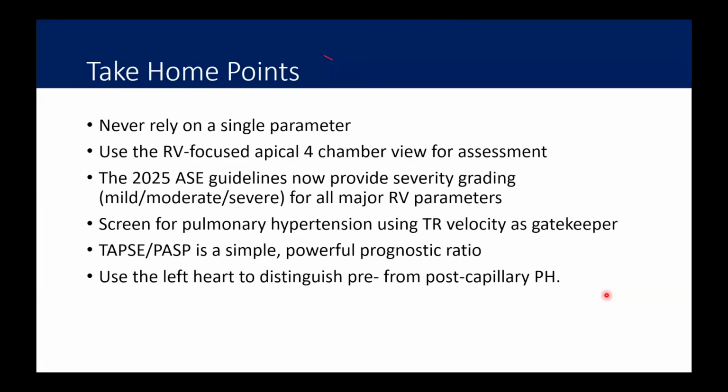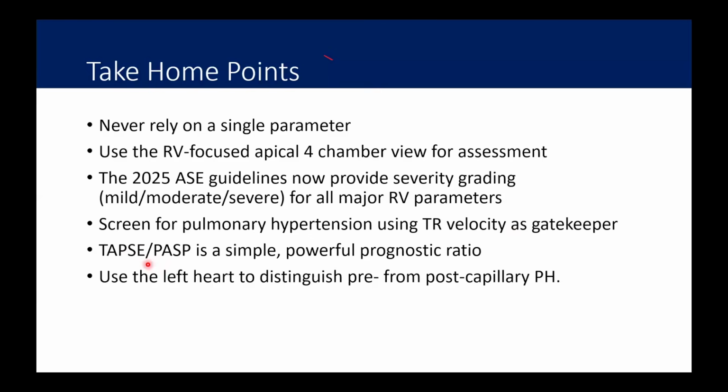Use the RV focused apical four-chamber view for assessment. Remember that the 2025 ASE guidelines now provide severity grading as well, and these should be incorporated into our echo reports. Screen for pulmonary hypertension using your TR velocity as the gatekeeper, not your estimated RVSP. Okay.